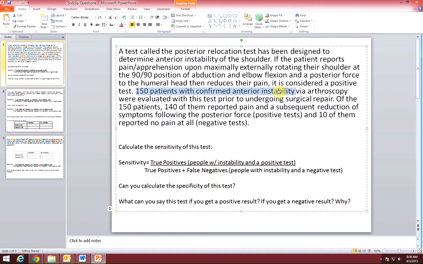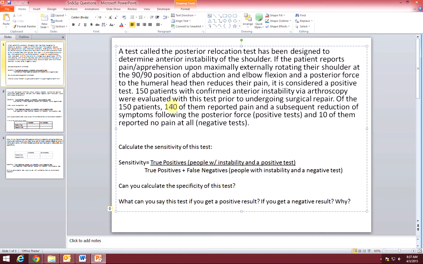If we have a very highly sensitive test, we're hoping to get 150 true positives here and zero false negatives.